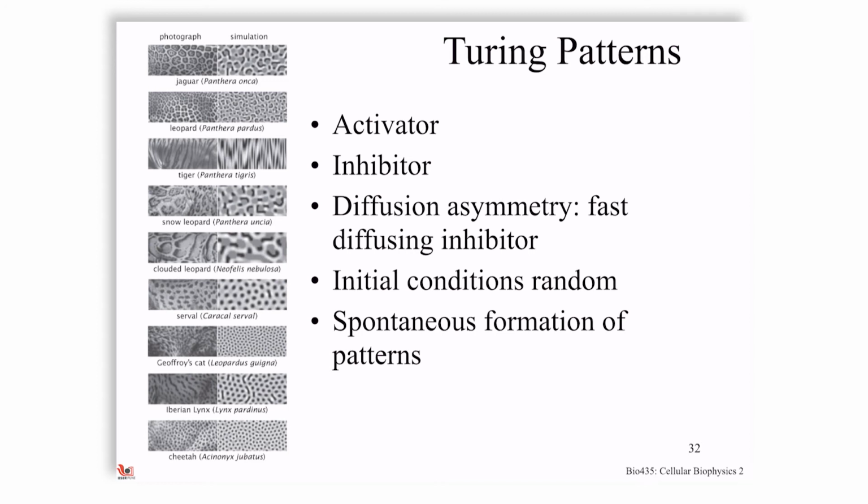It had only two variables, activator and inhibitor. It was out of equilibrium. It involved production of both activator and inhibitor and diffusion of both of them, and was solved along a one-dimensional domain with periodic boundary conditions. He found that if the initial conditions were random, these structures can form spontaneous patterns.